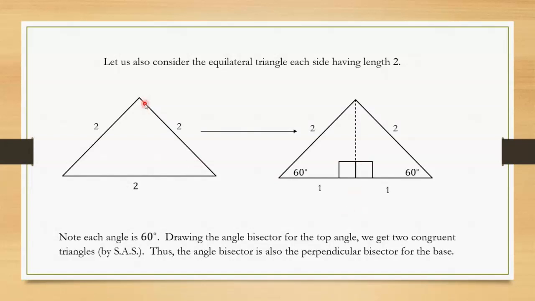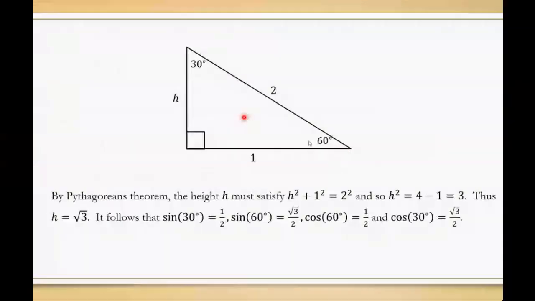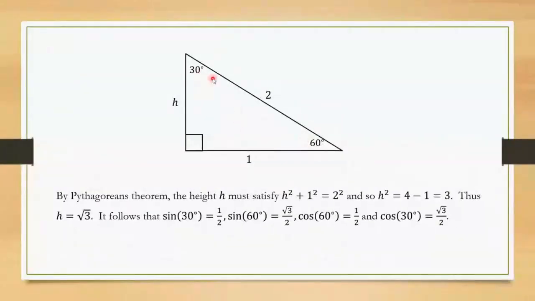So basically what I get is this kind of right triangle. It's called a 30, 60, 90 right triangle. The hypotenuse we got is 2, right?